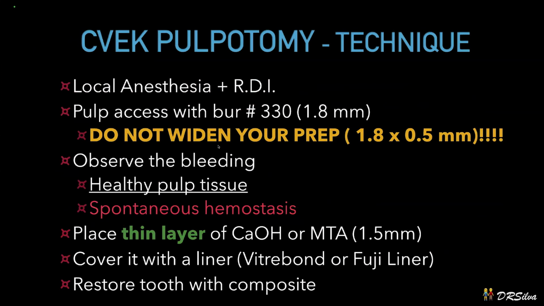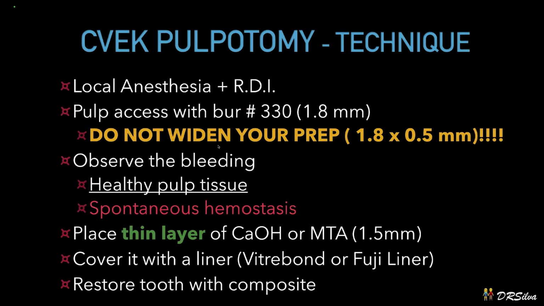Observe the bleeding. Is it a healthy pulp tissue? Do you have spontaneous hemostasis? Because we are not going to use any medicament that is going to stop the bleeding. You need to count on spontaneous hemostasis. And when the spontaneous hemostasis happens, you dry gently with sodium hypochlorite or sterile water, and then dry that pulp gently.